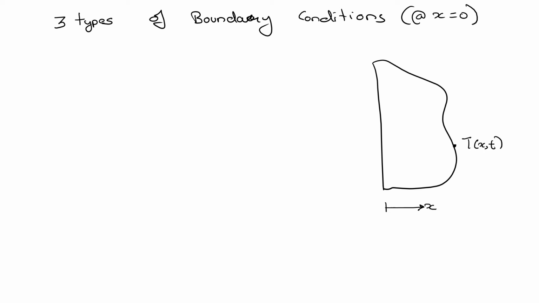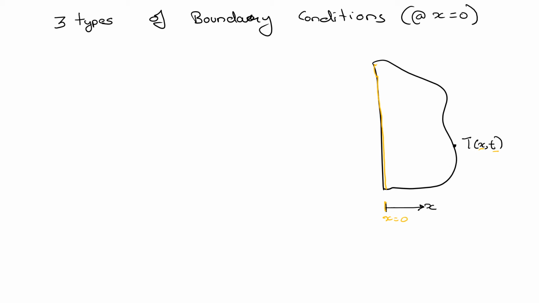To understand that, let's say this is your boundary right here, and heat is flowing in the x direction, which is how I have defined the positive x direction, and at an arbitrary location x and at a time instance t, the temperature is T of x comma t, and this particular location here is x equal to 0.